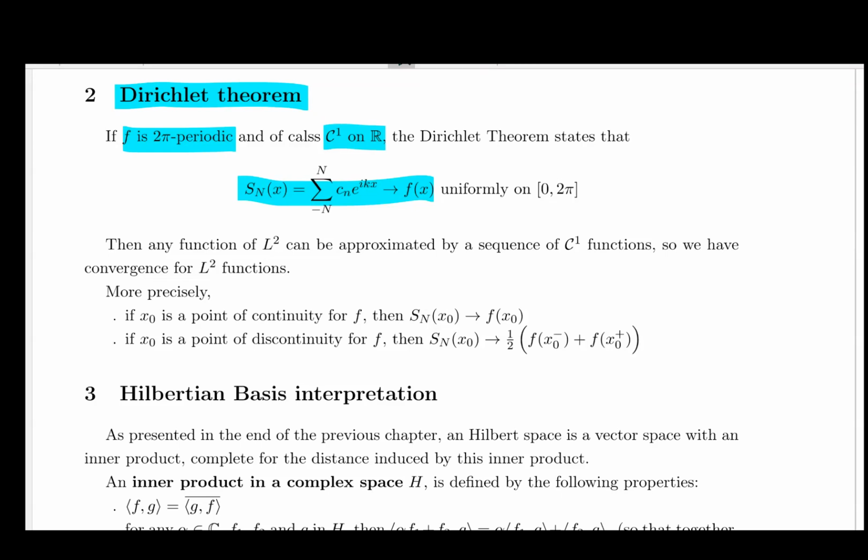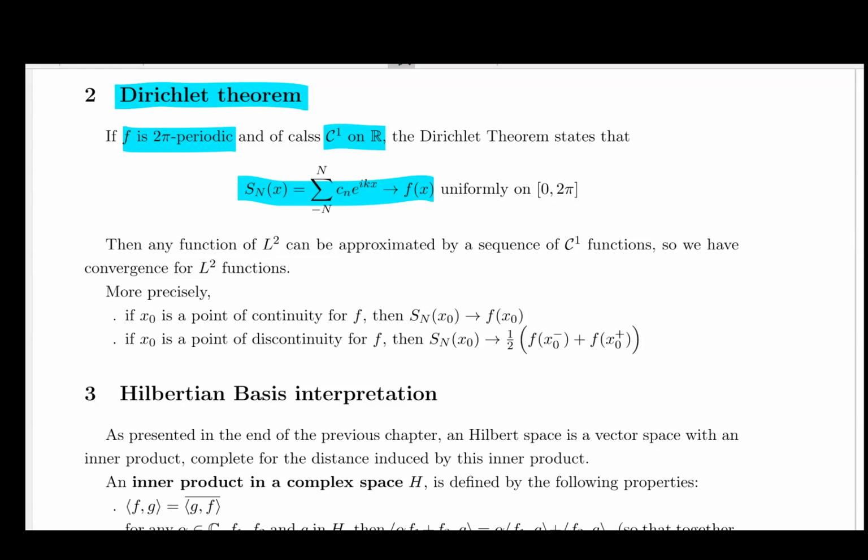Okay, uniformly just tells you that it does not depend on the point. It's not pointwise, it's more than just pointwise convergence. The function converges on the whole interval at a similar speed.